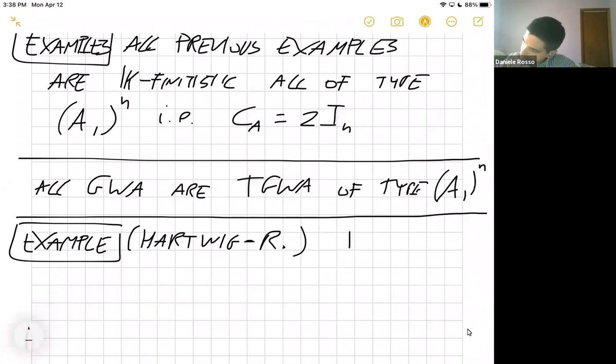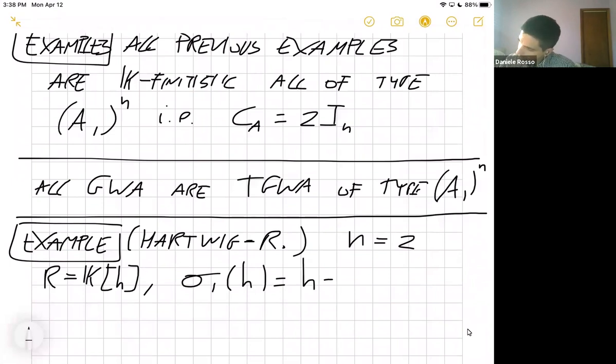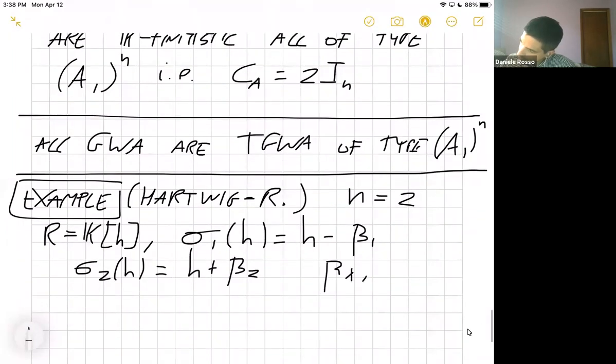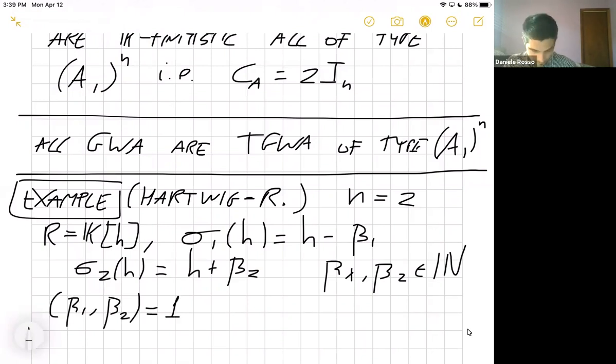This is a rank 2 family, but the base ring is still polynomials in one variable, and we take sigma 1 of h to be h minus beta 1, sigma 2 of h to be h plus beta 2, where beta 1, beta 2 are two positive integers, relatively prime. We take the mu's to be 1 in this case, to make things a little simpler.